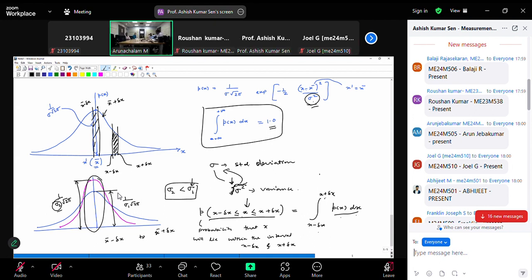Sir, Professor, is it possible to give the link in Google Meet, sir? Because with Zoom, sometimes our laptops are encrypted laptops, and it was stuck in between. Okay, yeah, we can do that.